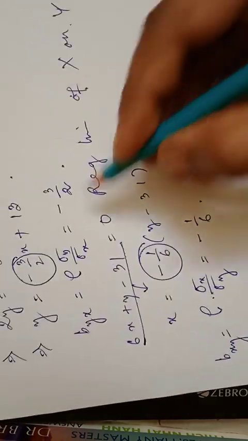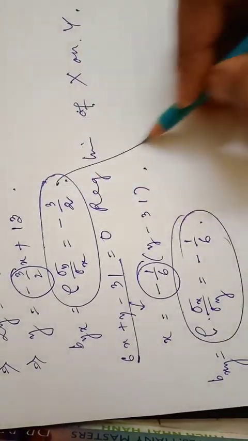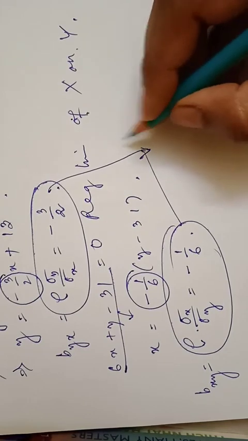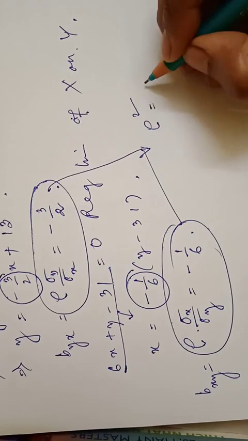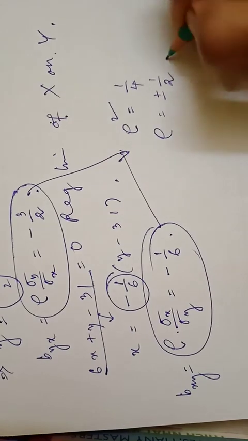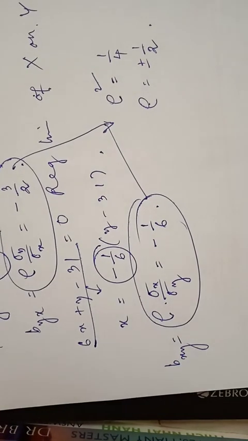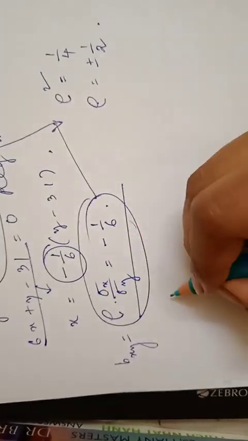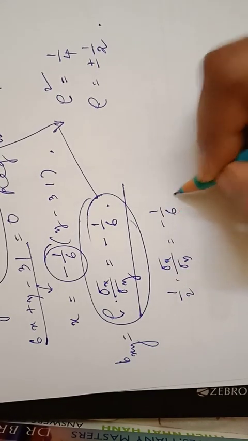Now take this thing and that thing together. So find their product. Sigma x sigma y got cancelled out. You get rho square equals 1 by 4. So rho equals plus minus half. Now if you take rho equals plus half and put it over here, half into sigma x by sigma y equals minus 1 by 6.